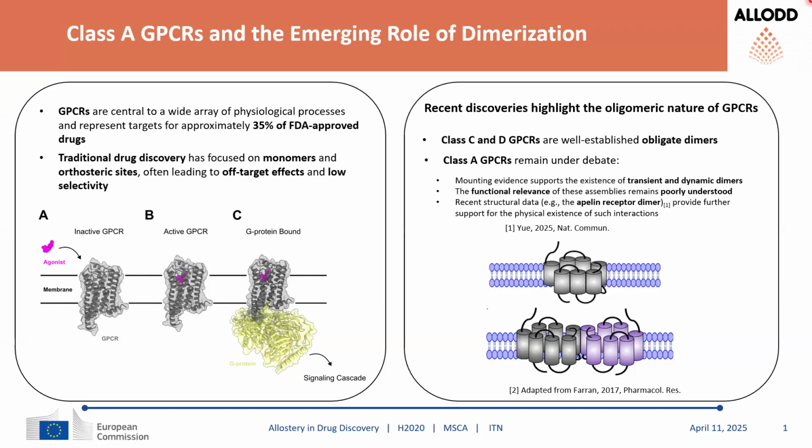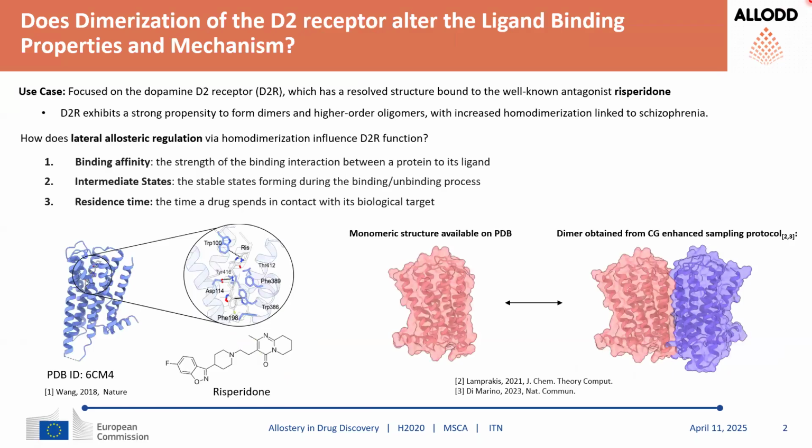However, 4 months ago, a structure of the apelin receptor in the dimeric state was published in Nature Communications. So this is where we are now. The aim of my project was to see whether or not the dimerization of class A GPCRs would alter the binding properties of a drug.